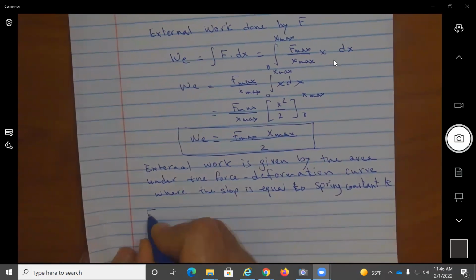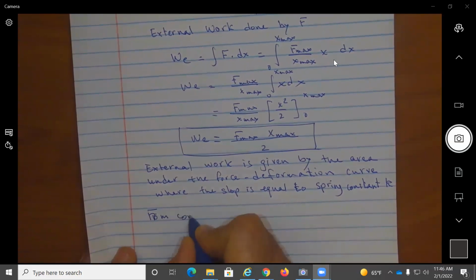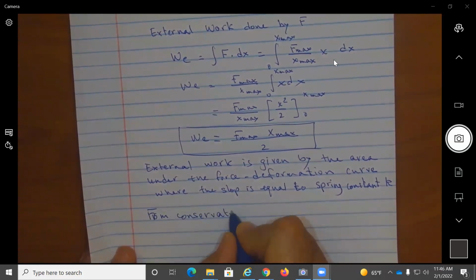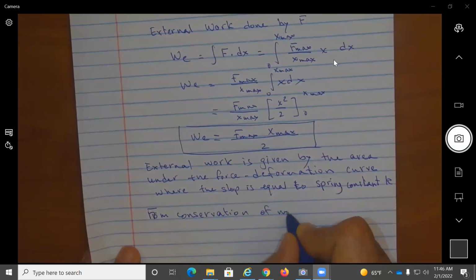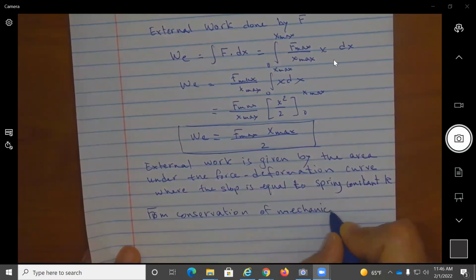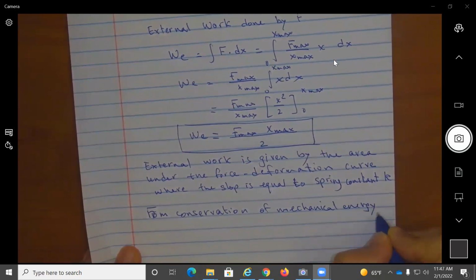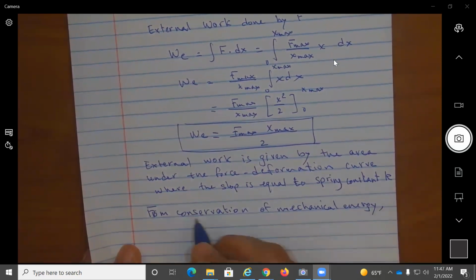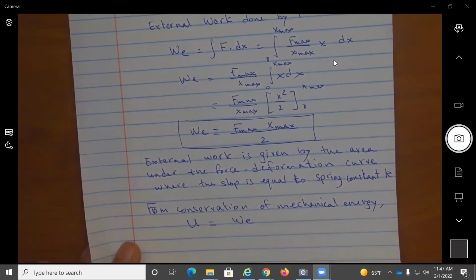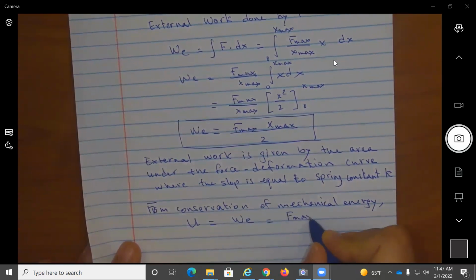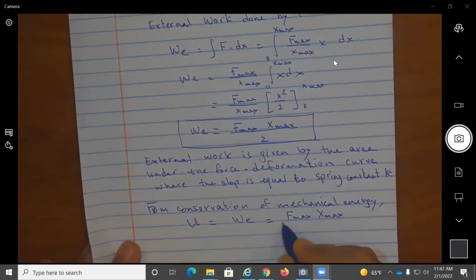Now, from the conservation of mechanical energy, we know that the strain energy is equal to the external work done, which is equal to F max X max over 2.